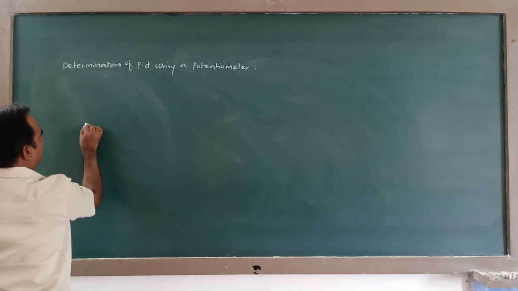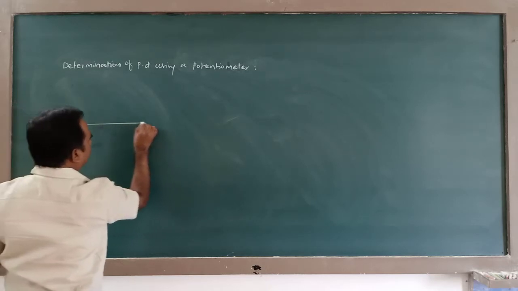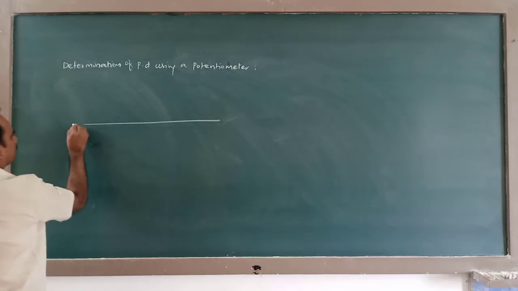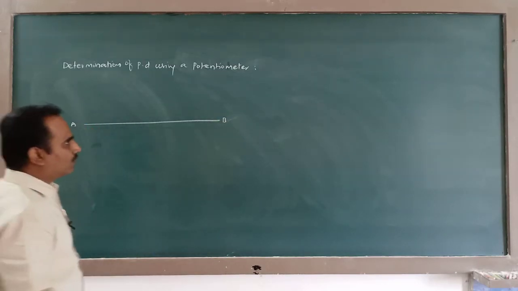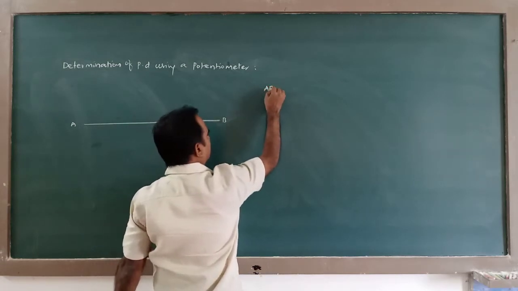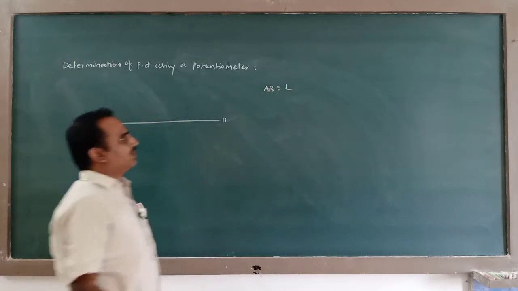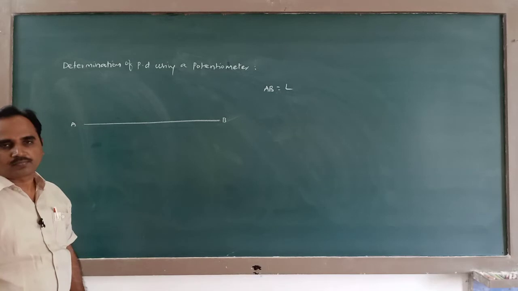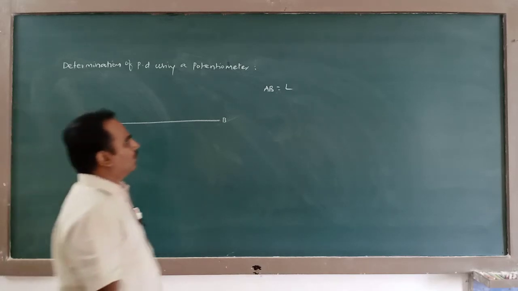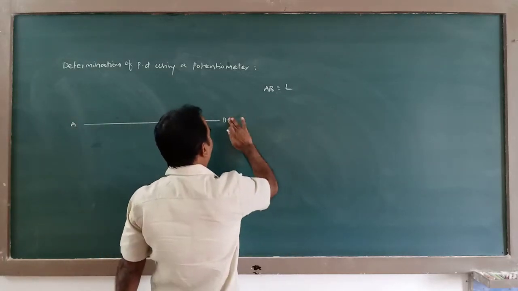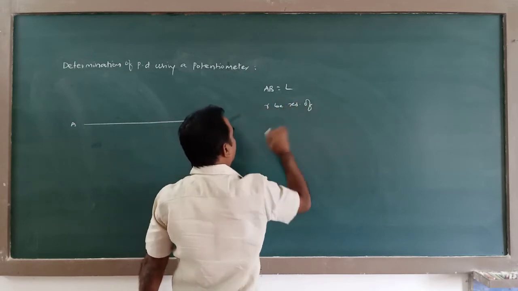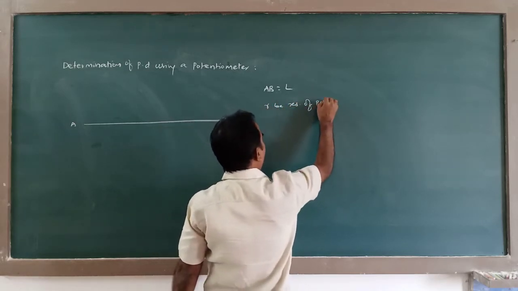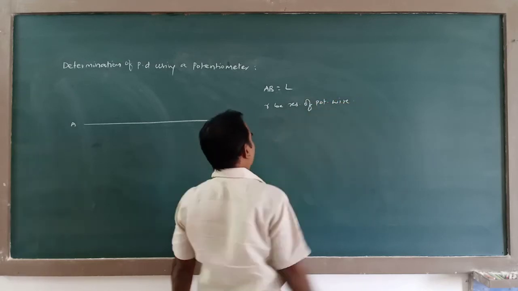Here this is the wire AB of length L meter, and let r be the resistance of the potentiometer wire.